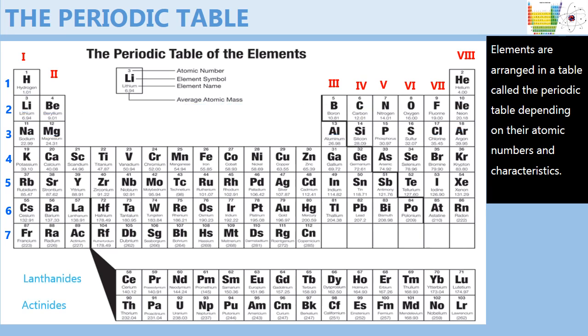We also have the Lanthanides and the Actinides that are located between these 4 elements. As you can see, they have been zoomed out so that you can see them clearly.